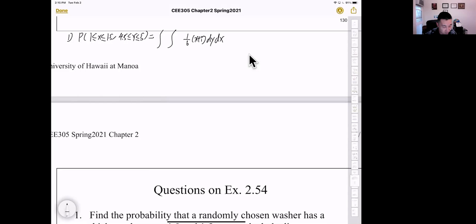For dy, the range is between 4.5 and 5, and for x it is between 1 and 1.5. Let's do that together. First, let's do dy.